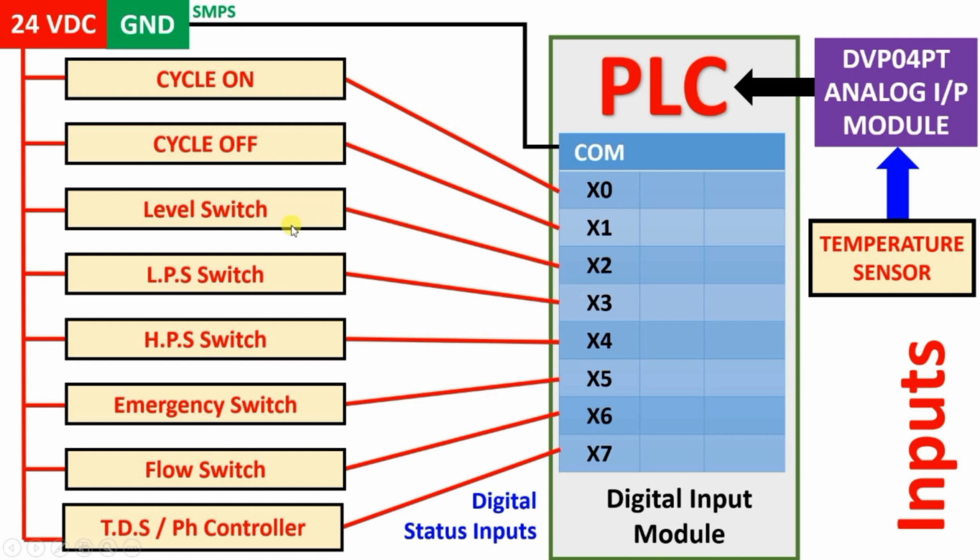Okay. Now comes the LPS switch. What is the LPS? LPS means low pressure switch and HPS means high pressure switch. Generally in compressors, chillers and refrigeration, there are two pressure switches in the compressor, low pressure switch and high pressure switch.